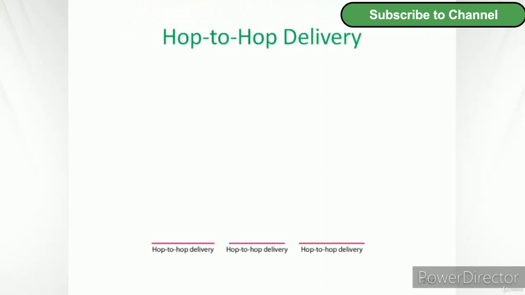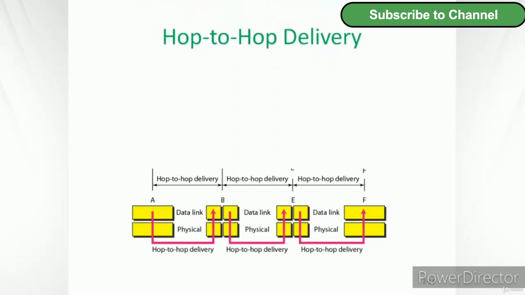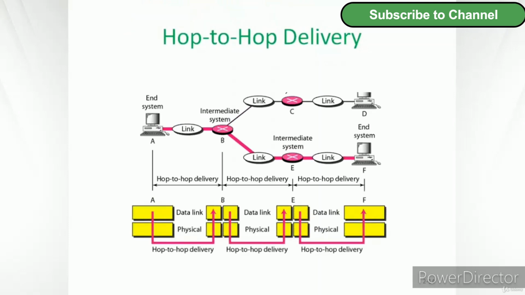Then hop to hop delivery. What is this hop to hop delivery? You can see this diagram. The physical layer and data link layer are connected over here like this. Data flows from the data link layer through the physical layer. This is nothing but hop to hop delivery.